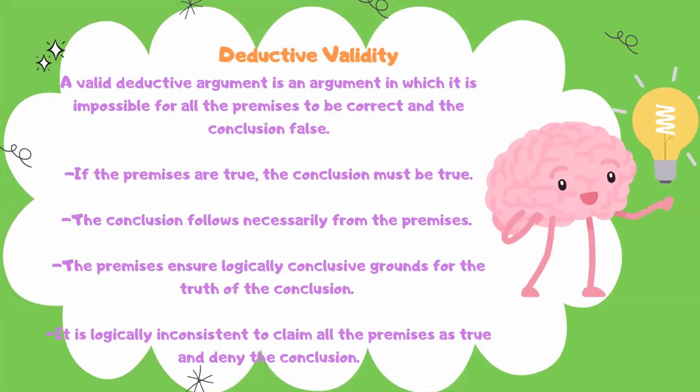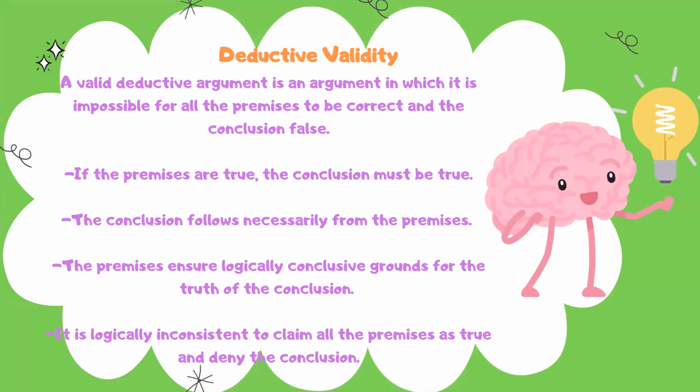On this page, there is deductive validity. A valid deductive argument is an argument in which it's impossible for all the premises to be true and the conclusion false. If the premises are true, the conclusion must be true. The conclusion follows necessarily from the premises.